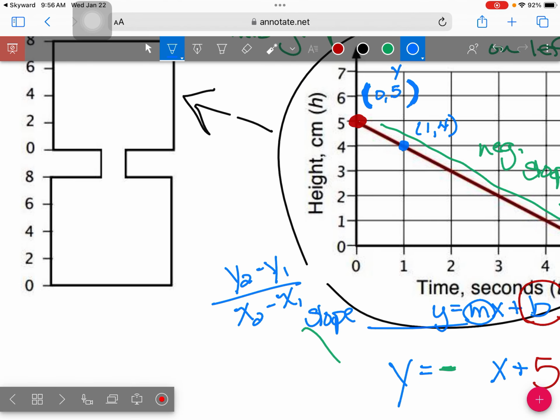So, looking at this, I need to take y sub 2 minus y sub 1. I'm going to start with this top point because the y value is larger.